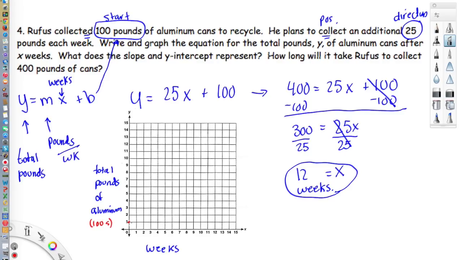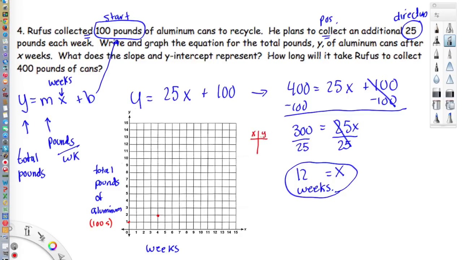So we start out with 100 pounds right there. And then if I were to say in 4 weeks, make x be 4 weeks, that would go up another 100 pounds. So it would be up to 200, because 4 times 25 is 100, and 100 plus 100 is 200.